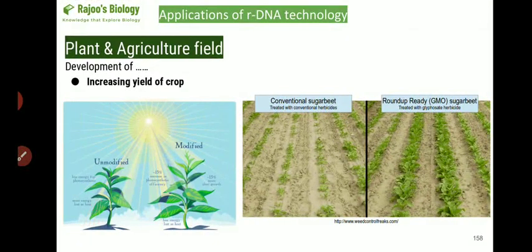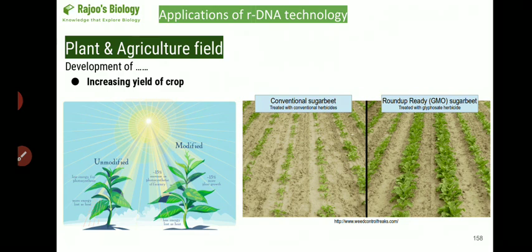In the plant and agriculture field, apart from resistance to stressful environments, another objective of rDNA technology is to develop plants which give maximum and higher crop yield, higher nutritional value, quality product and faster products.